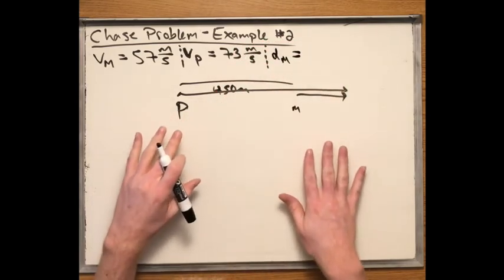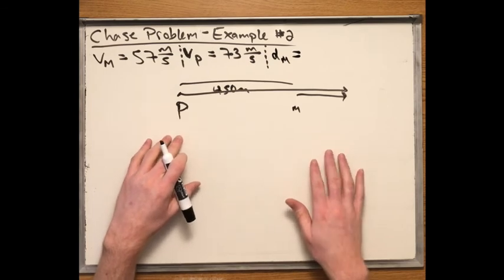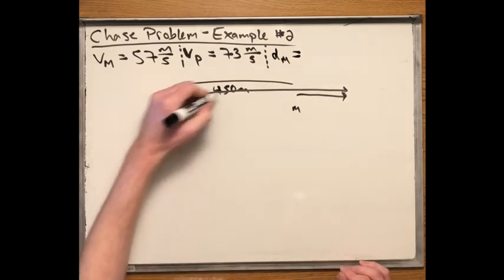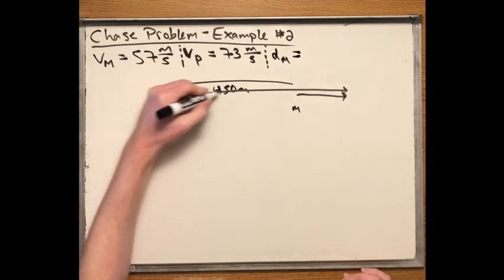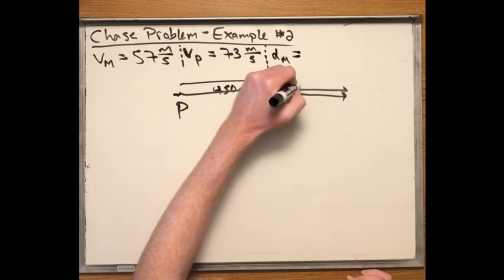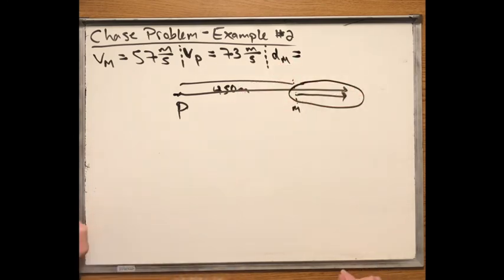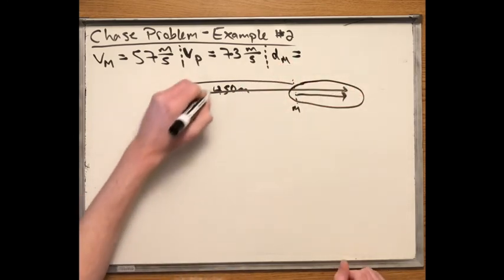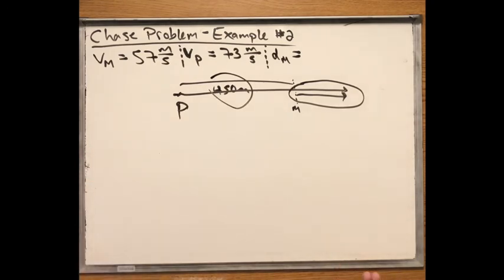I think drawing these arrows is super helpful because the police officer's distance, shown by this middle arrow here, can be broken up into two segments. The part that is exactly the same as the distance the motorist travels, and that 450 meters.